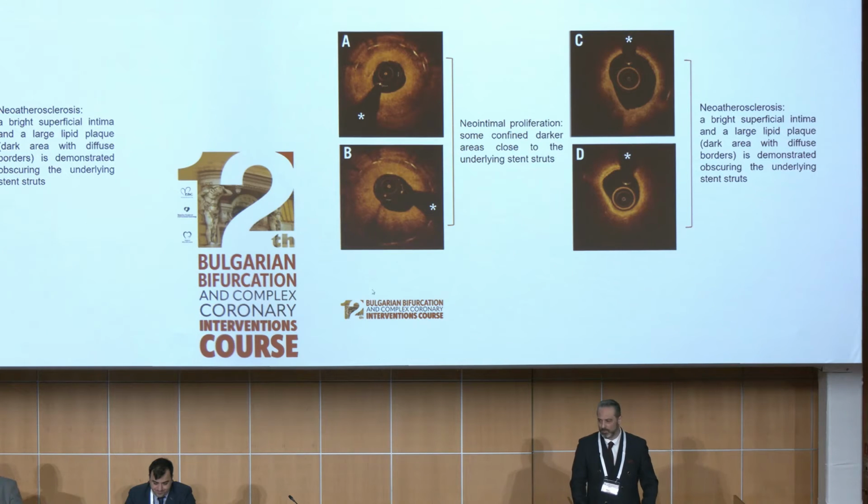And again, I'm not convinced that neoatherosclerosis is a form of stent restenosis. It's a different matter, different animals: it is what happens to the vessel after stenting in the long term.